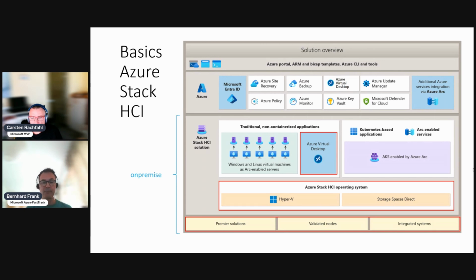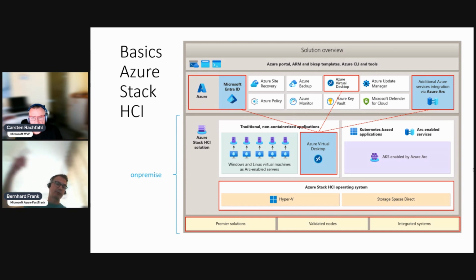That would mean we have virtual machines with a Windows client operating system running on top of our Azure Stack HCI system. And these are not isolated, right? These need to be hooked up to Azure, and we need some Azure services to talk to. One of them is very important: we need Entra ID for users to authenticate to Azure, to make sure they are allowed to actually grab a desktop and log on to the desktop. But there are also other components that we need.